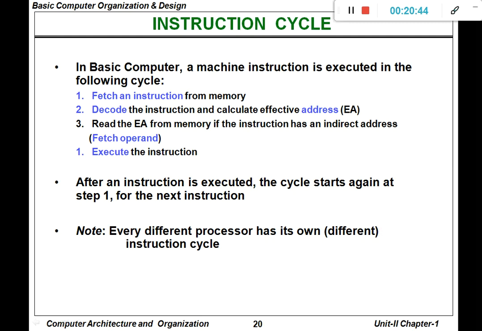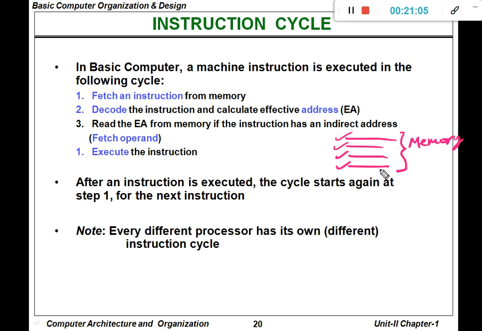So like that the instructions also will be executed in a sequential fashion. Okay, first execute the first instruction, second instruction, third instruction, fourth instruction, like that. All these instructions will be stored in memory.